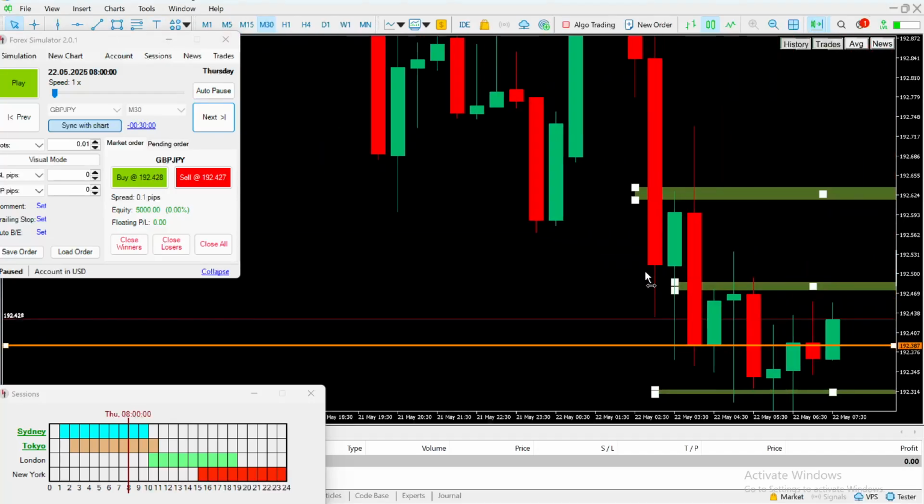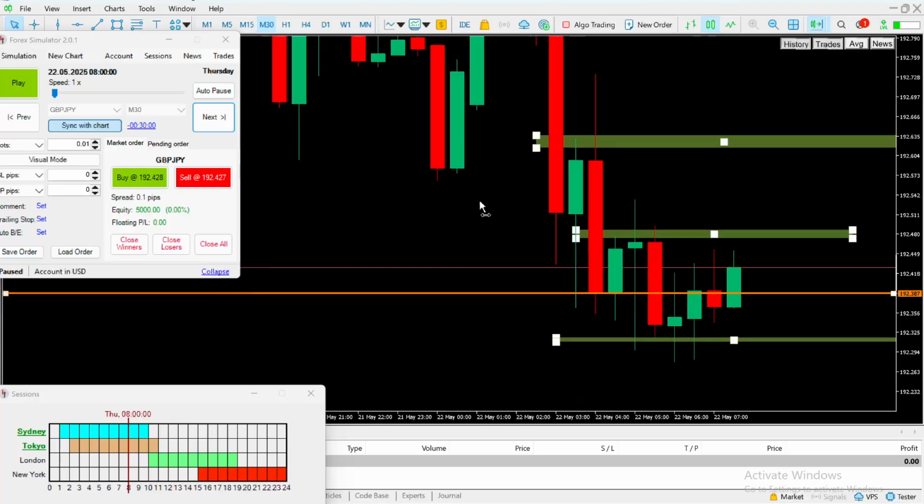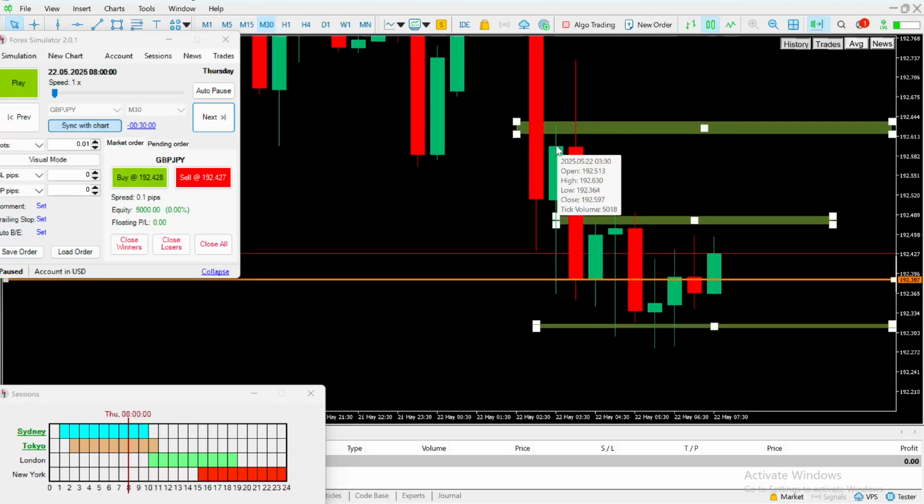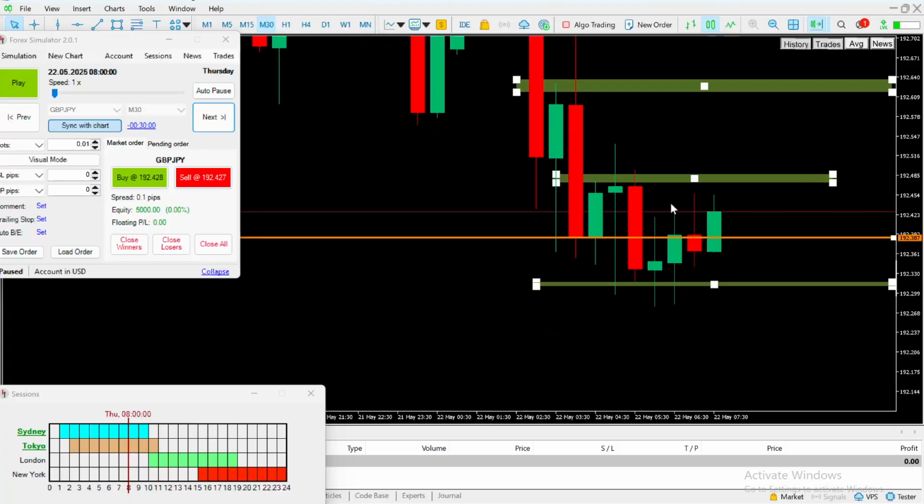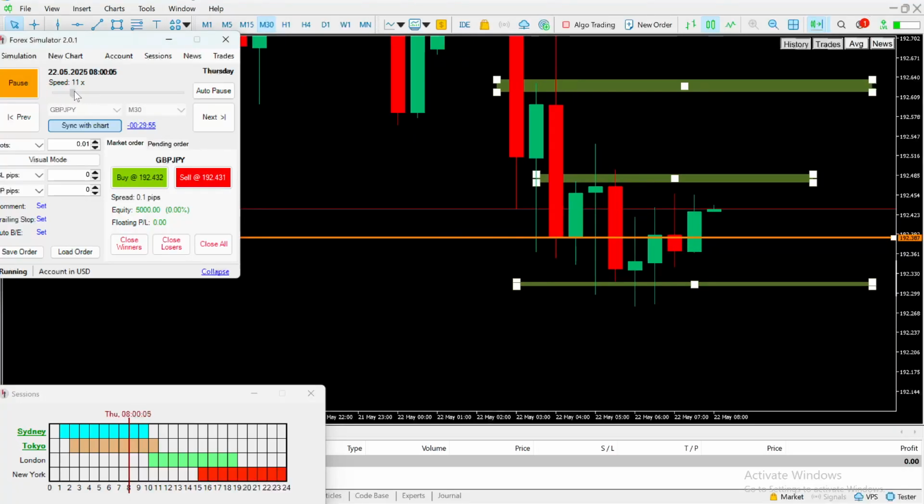So the price came, broke support, created a resistance. This is a strong resistance. Went down, broke it again, this resistance, and we're here. But also broke it up again. So this is like ranging now at the moment. Let's see what can be done here.